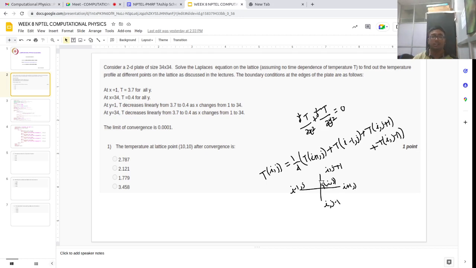For updating the temperature at this point, we have to use the temperature values evaluated in the iteration just before the present iteration at these points. The four neighbor points are added to each other, and we divide that by 4.